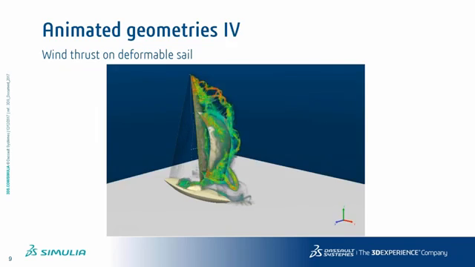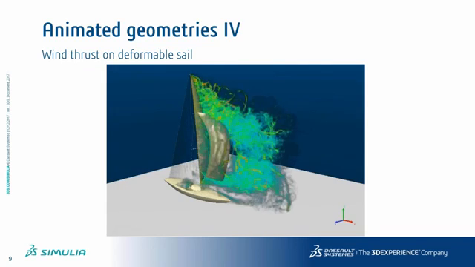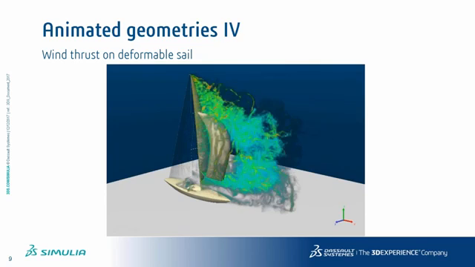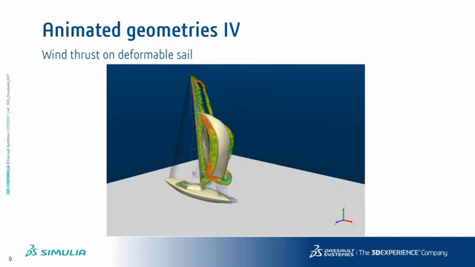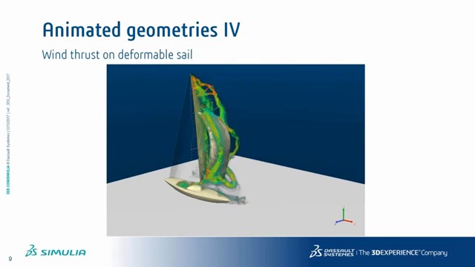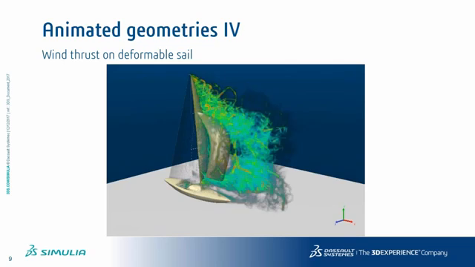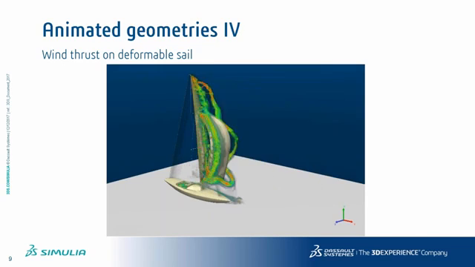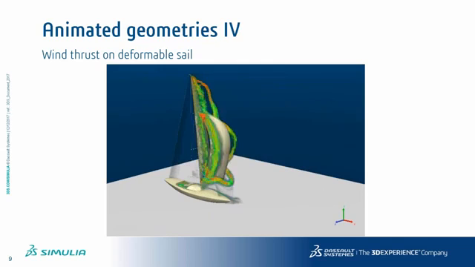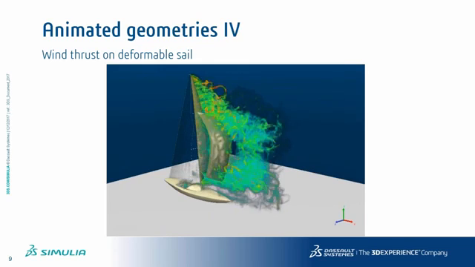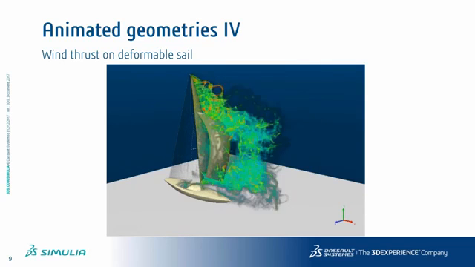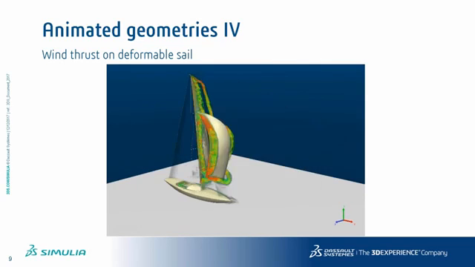So now, changing industry, going from automotive to marine, we do have, for example, lots of simulation with our partner WB Sail, and they're doing really impressive simulation with moving parts, moving objects, so pumping and rowing of the boats. But you can imagine going even further and setting the sail as a deformable object. So you have some sort of history or some pre-calculated deformation of the sail, and then you can input that into your simulation.